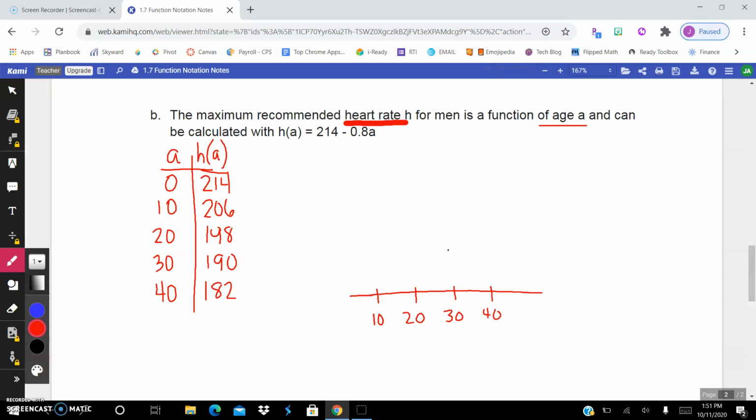And then my y values or my answers start at 182, so I probably want to start about 180 again, but I have to go up to 214, which maybe I want to go up to 215 or 220 if I'm going by tens. So 180, 190, 200, 210, 220.